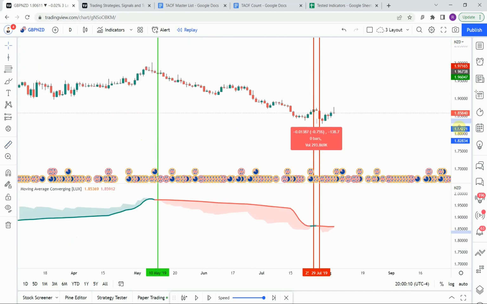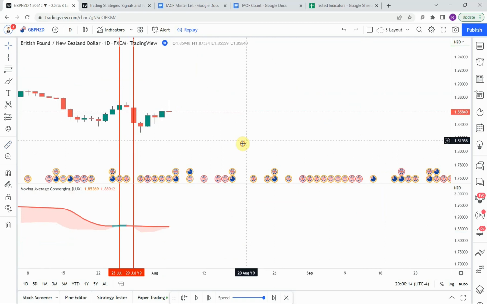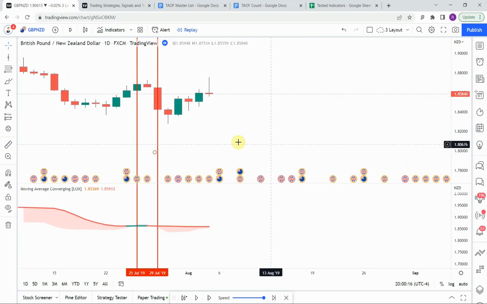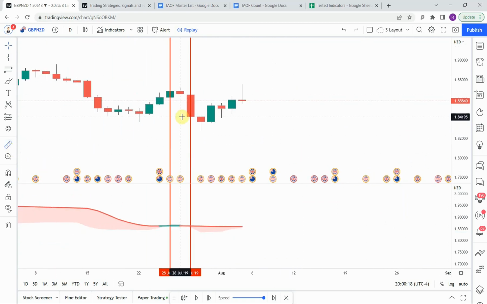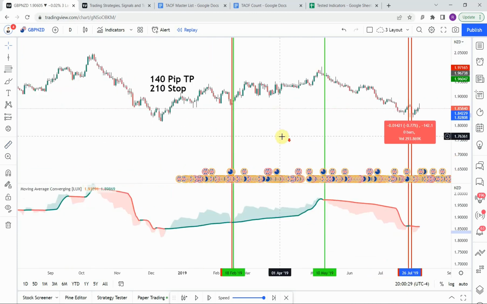And it looks like, let's see. Nope, didn't quite hit our take profit. Just double check that. Measure it out again here, there to there. What am I looking for? One.